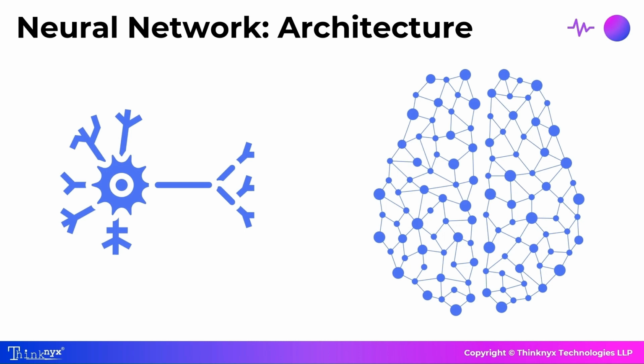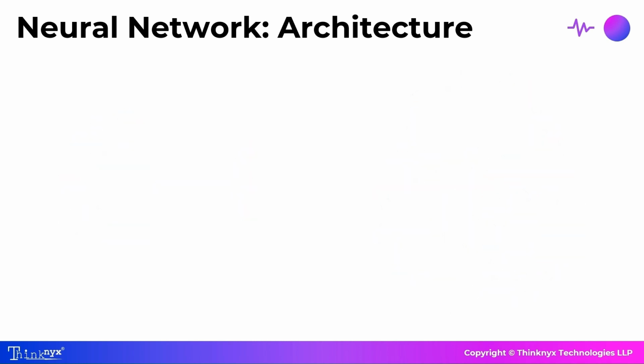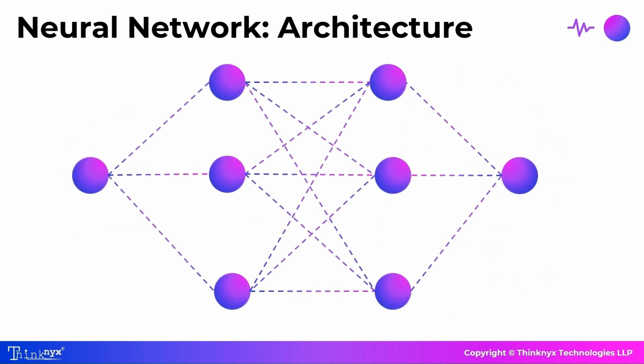In our brain, neurons communicate with each other through connections called synapses. Similarly, in deep learning models, artificial neurons exchange information through connections between them. These connections, like synapses, transmit signals and play a crucial role in the network's ability to learn and make decisions.